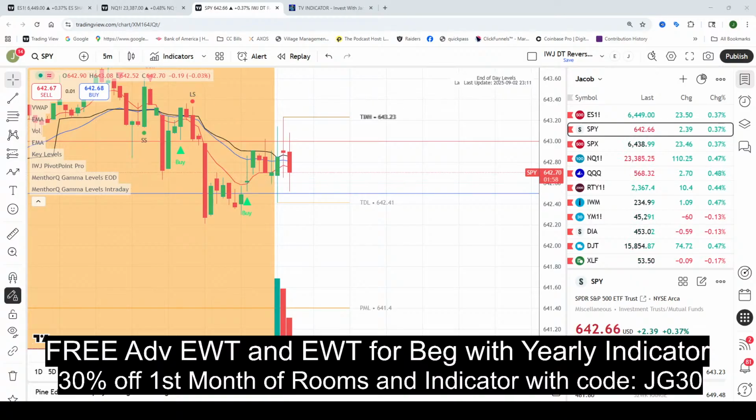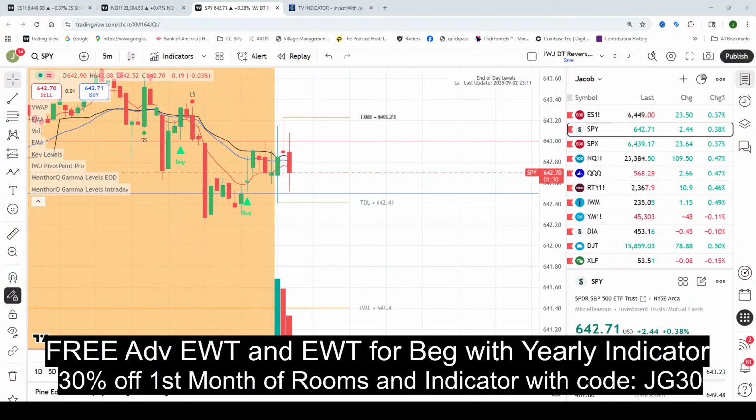But if you don't have the indicator, you can be in my room, and I give you the trades there every day as well. You'll hear me put them in the room today as we get them, assuming we get a trade. Right now, nobody's moved anything. So the answer is yes, we trade every day. Live trading, that depends on what you mean. As far as video goes, just on Wednesday.